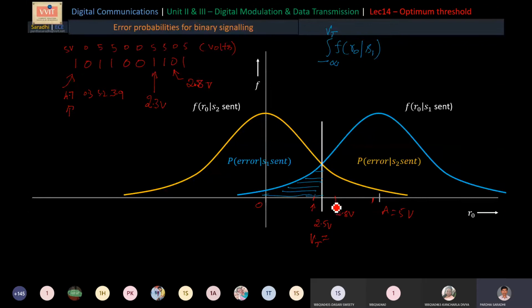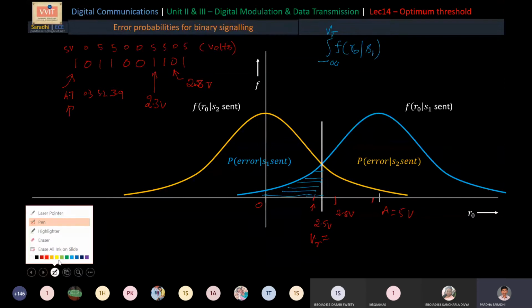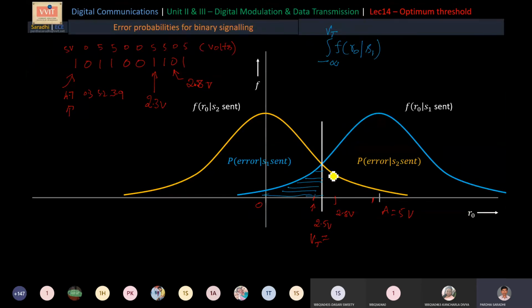And as this value is greater than the threshold, the receiver makes a mistake, as it reads the bit as 1, but actually the bit is 0. Right? And why is the receiver making this mistake? Because the density function corresponding to bit 0 is appearing to the right side of the threshold value.